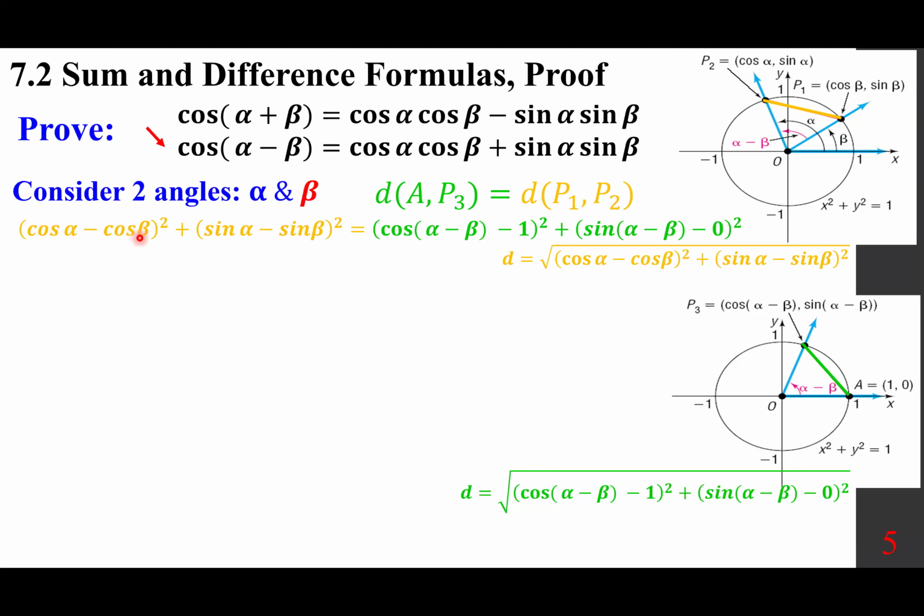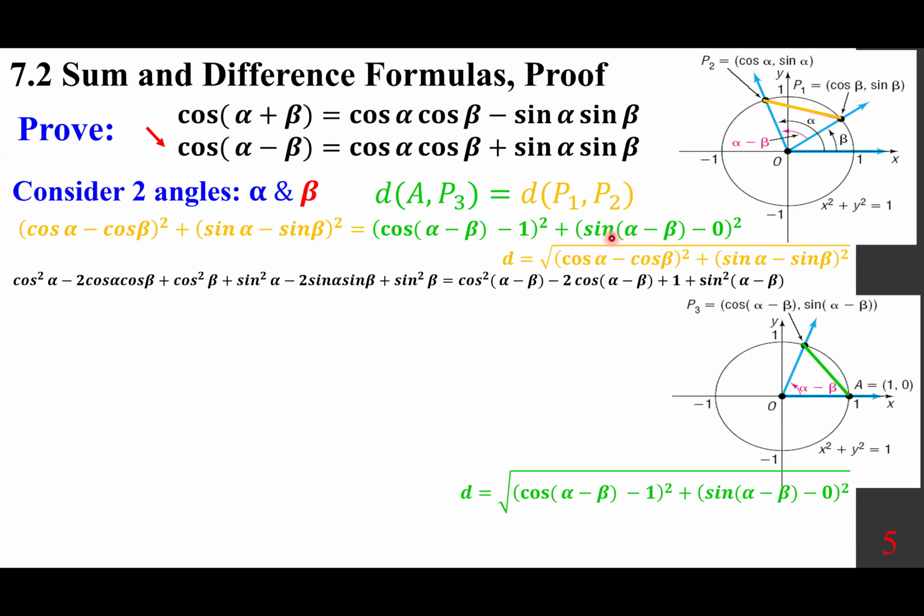Cosine squared alpha minus 2 cosine alpha cosine beta plus cosine squared beta plus sine squared alpha minus 2 sine alpha sine beta plus sine squared beta. Cosine of alpha minus beta, that means cosine squared of alpha minus beta, minus 2 cosine of alpha minus beta plus 1. And this one, this has no bearing, so simply sine squared of alpha minus beta. So you square them.